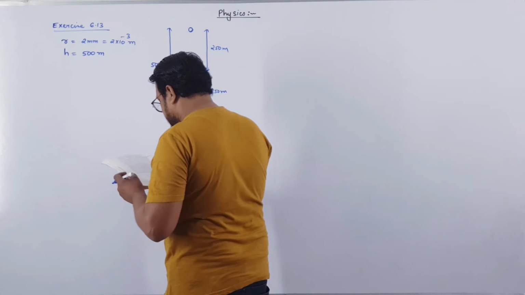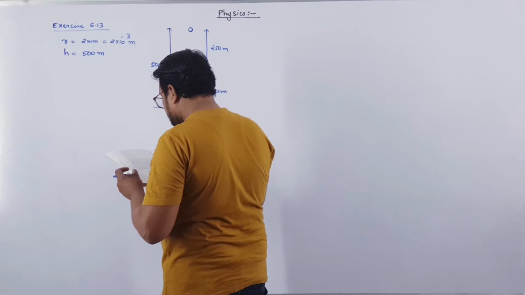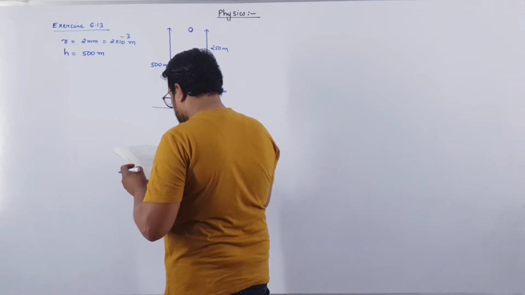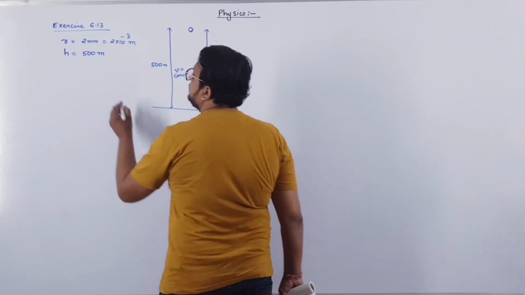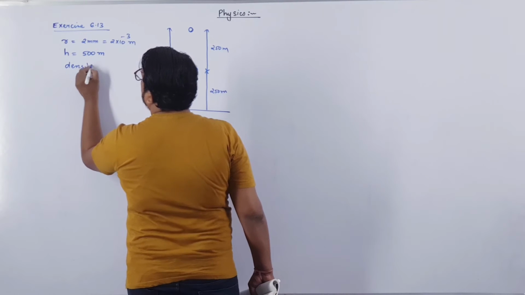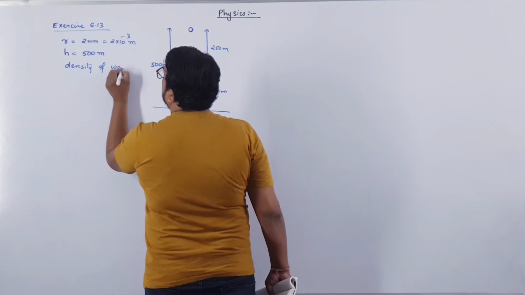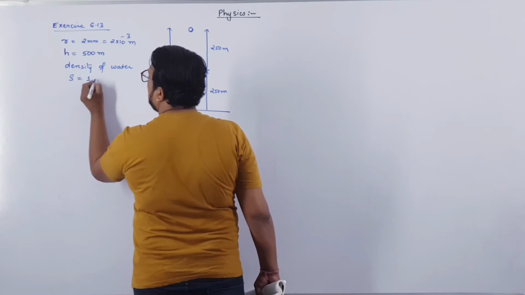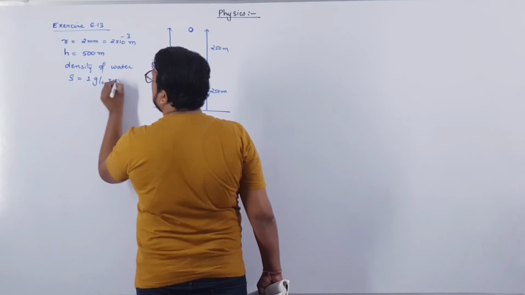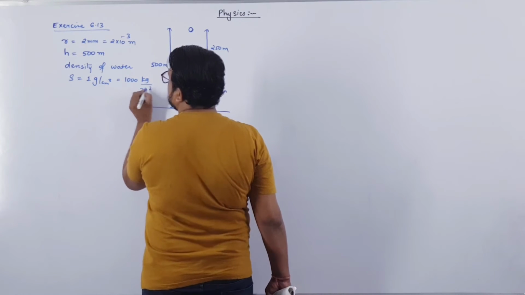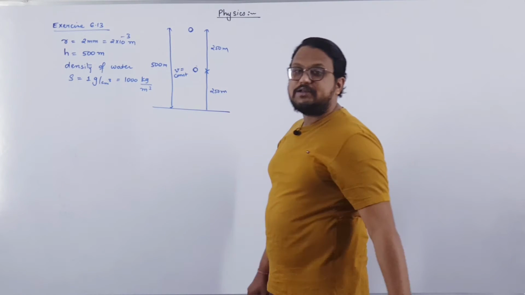Density is not given here, so you should know the density of water, which you might have come across in chapter 10. It is equal to 1 gram per centimeter cube or 1000 kg per meter cube.